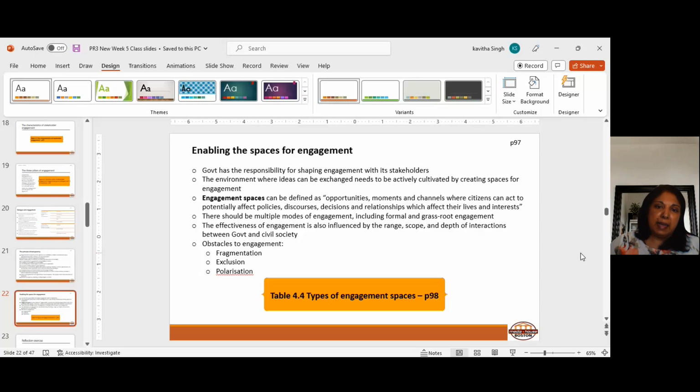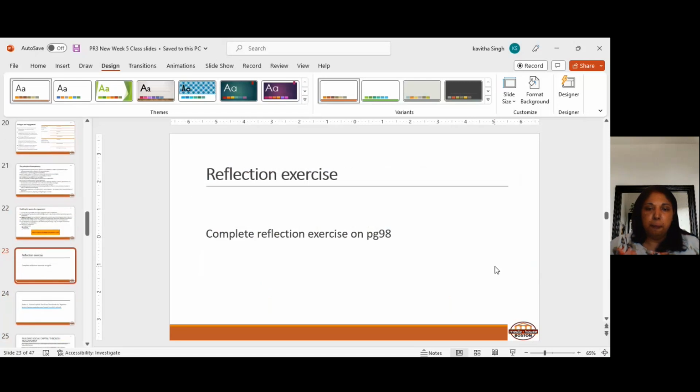But it is an opinion piece, and the newspaper makes very clear that this is the personal opinion of the individual, and the newspaper is not affiliated with and does not support that specific reporting in the article. So I think you get a sense of what enabling the spaces for engagement refers to.